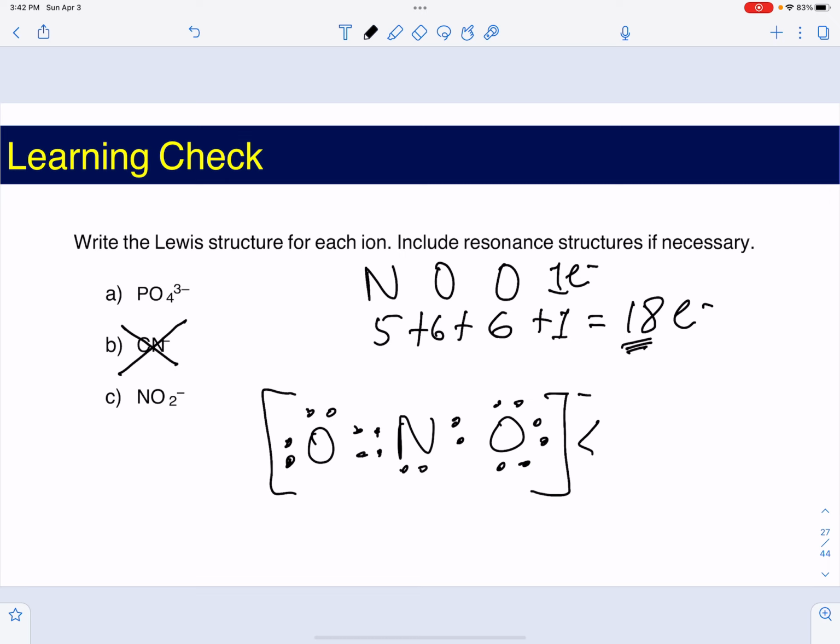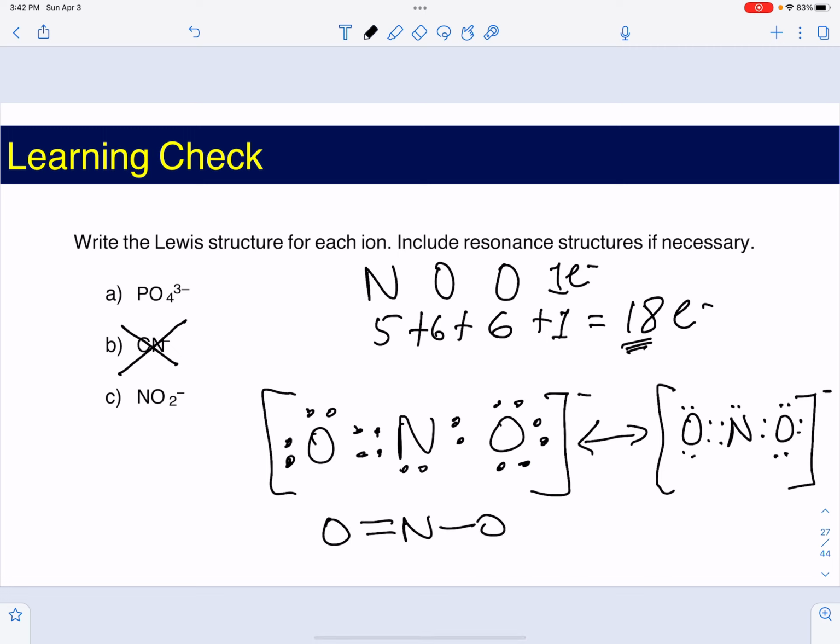So can I do a resonance structure? So once more, I'm going to draw everything the way it was. Double bond there. And the question is, can I rearrange the electrons so it will be different? So this is nothing more than that.